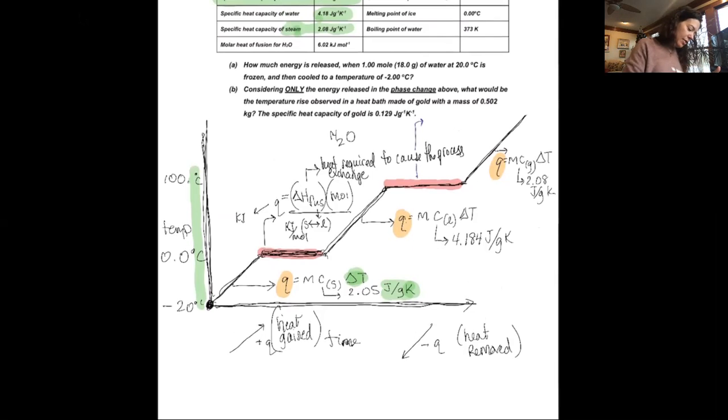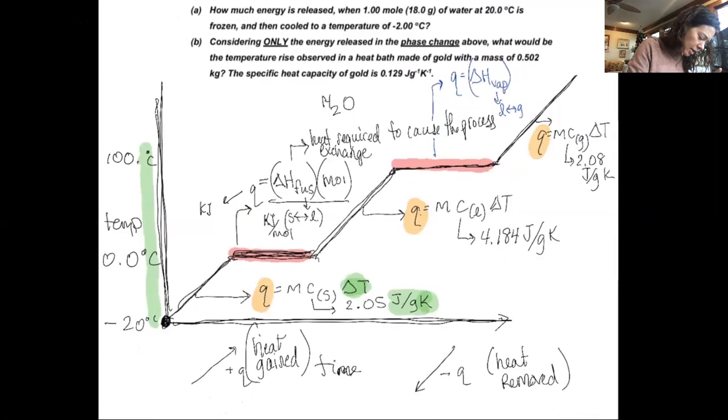Okay. The energy required to cause this process is equal to the delta H vap. That is for vaporization. That is the liquid to gas or gas to liquid process. All right. And it's also multiplied by moles of the substance.